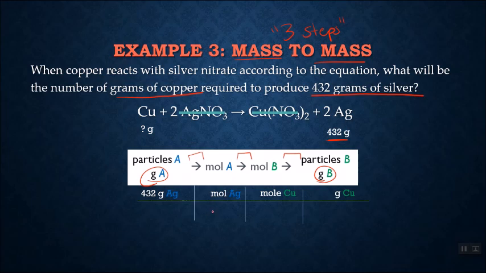Now you're going to insert your T-chart and then do the diagonal downs. The grams are going to go here, the moles going to go down here, the moles of the copper down there, and so forth. Now we have everything set up to cancel appropriately, and we can insert the conversion factors. Well, if you look at the periodic table for the grams of silver, that's going to be 107.87. That's going to equal 1 mole of the silver.